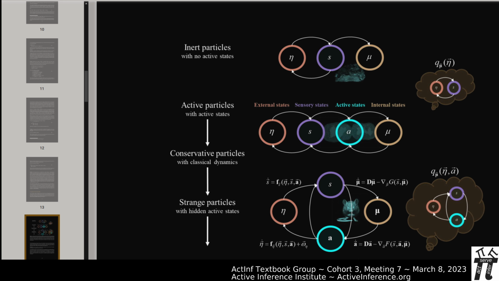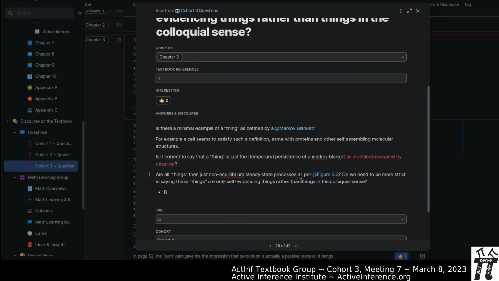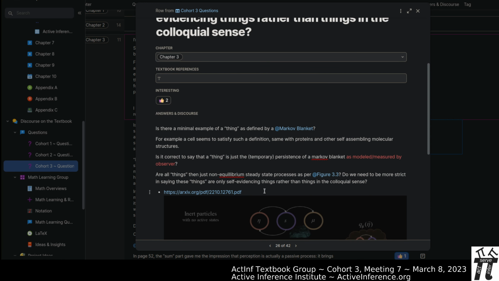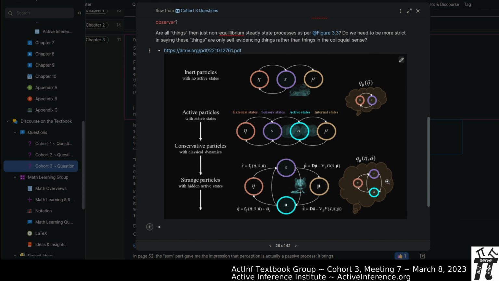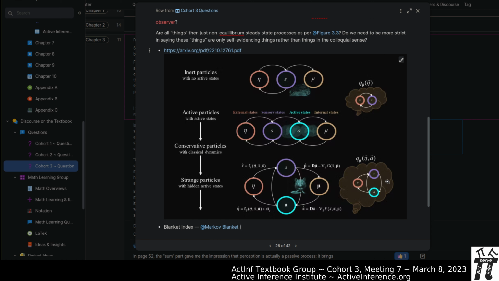Ollie? I think we should probably point out the notion of blanket index here as well, because you see, a Markov blanket is not something predefined or even an established value, because we can define a Markov blanket depending on how complex the system is.